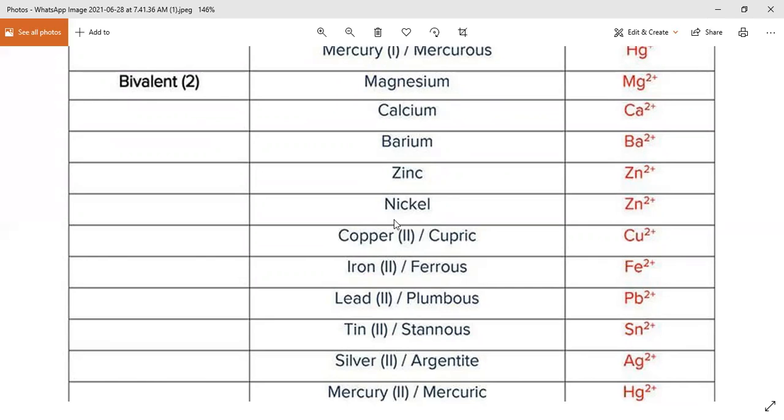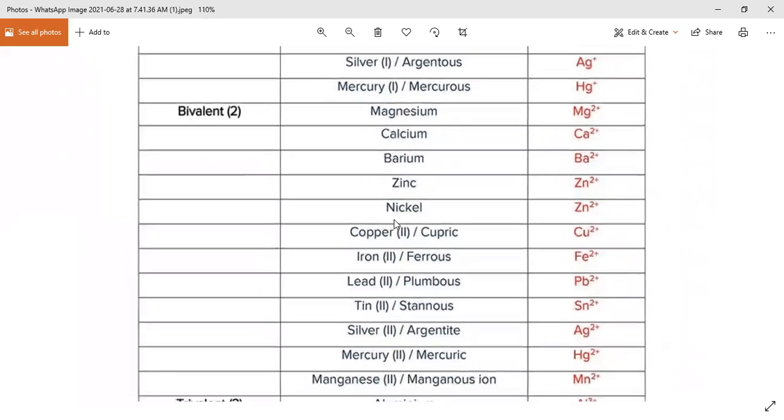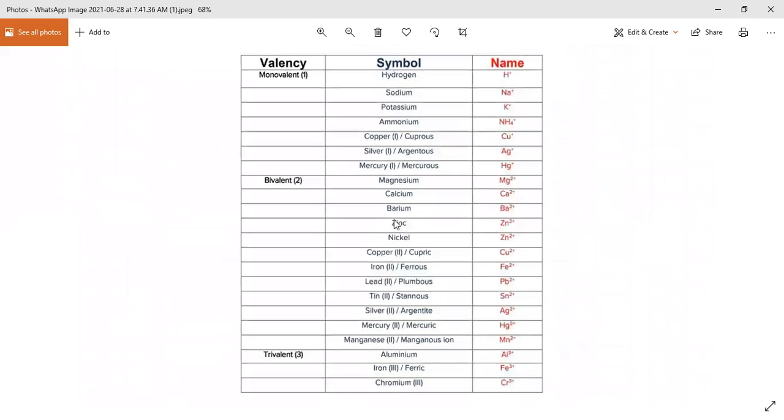So now just go through all these 4 tables. I will post them in the group itself. Kavya, if not, tomorrow by afternoon you can ask me if I didn't post in the group. Just remind me.